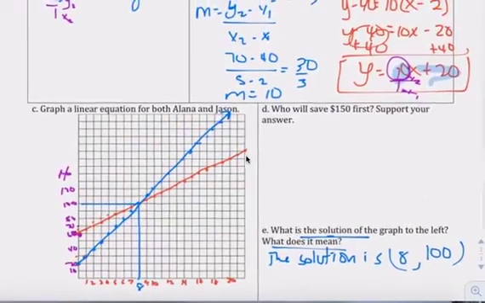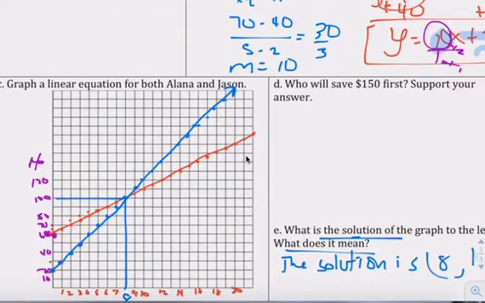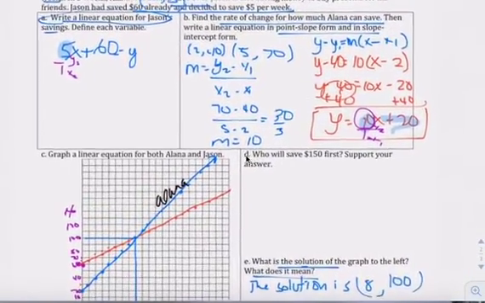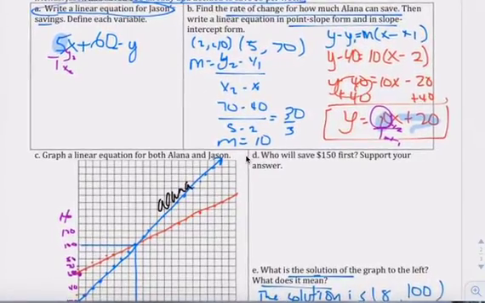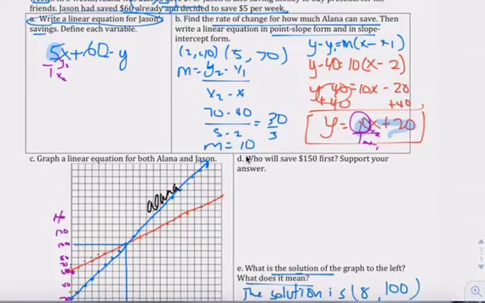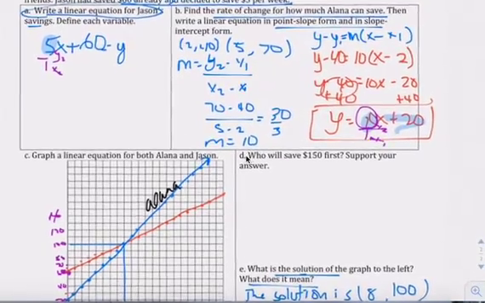First, the blue graph is Alana. The other one is Jason.